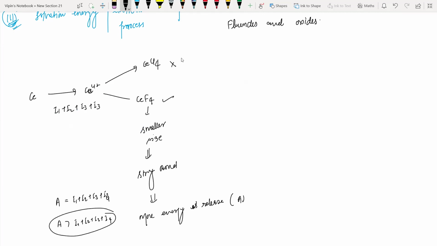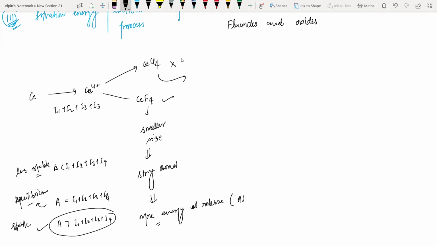In this case, stability will be there. In this case, there will be an equilibrium condition, right? If the energy required in order to achieve the plus 4 oxidation state is more as compared to the energy released from the bond, then this will be less stable.